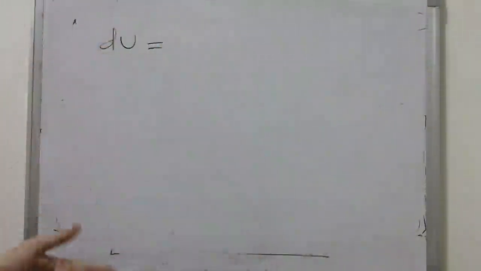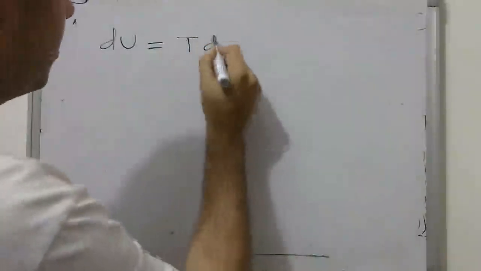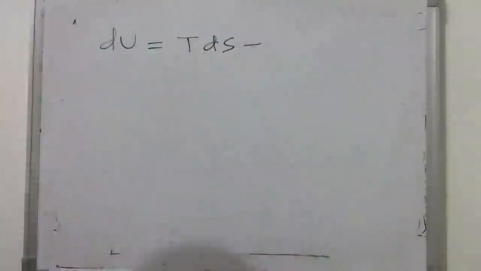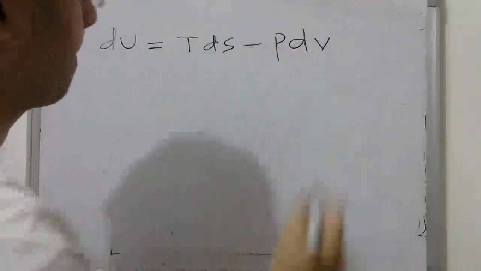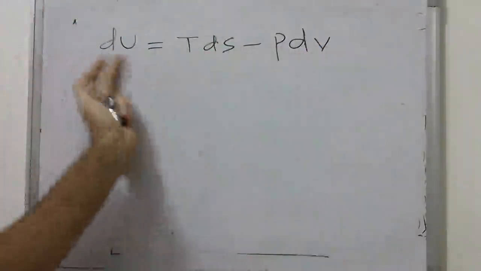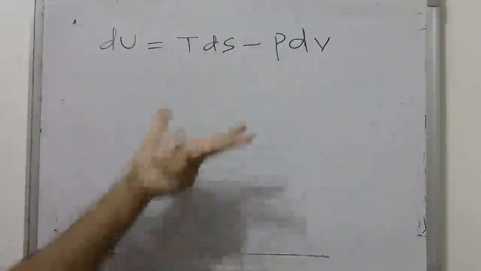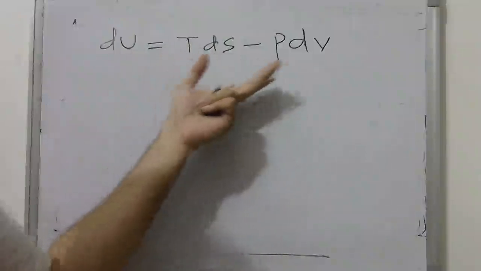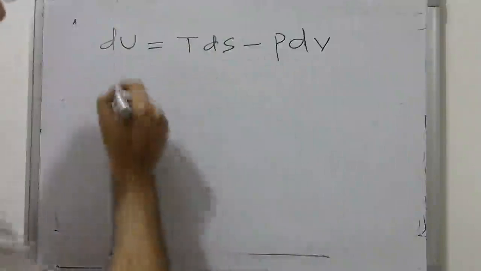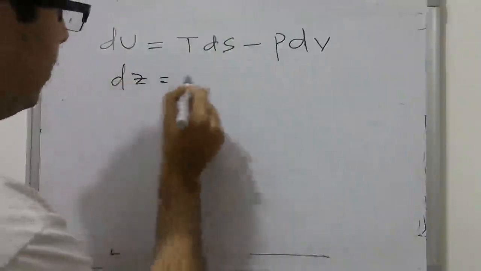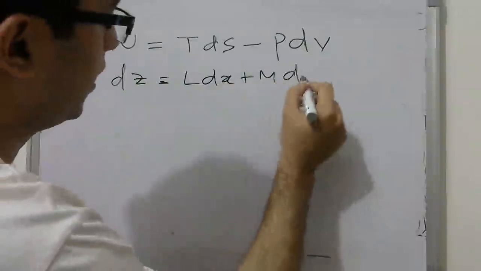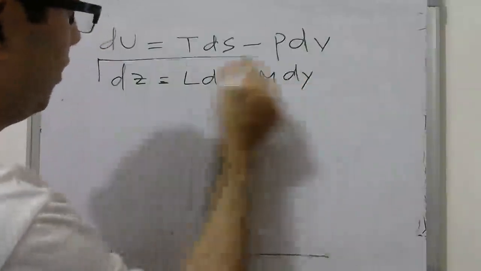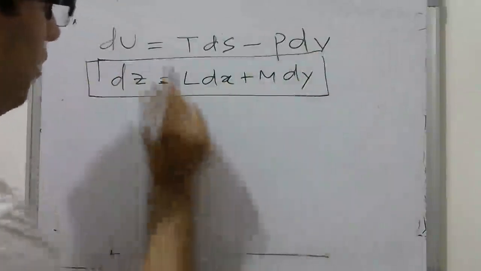As I have always written, dU is T dS minus P dV, right? If you see this expression and compare it with dz is equal to L dx plus M dy, okay? Compare it with this one.